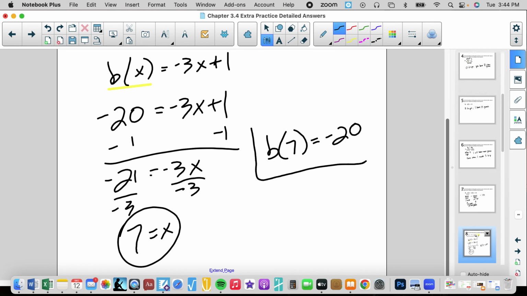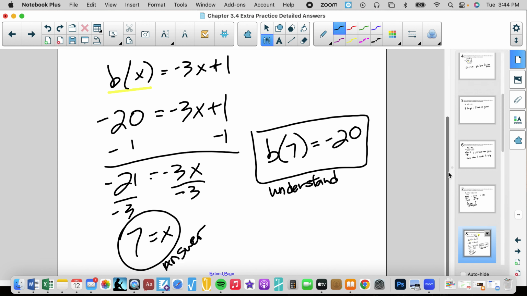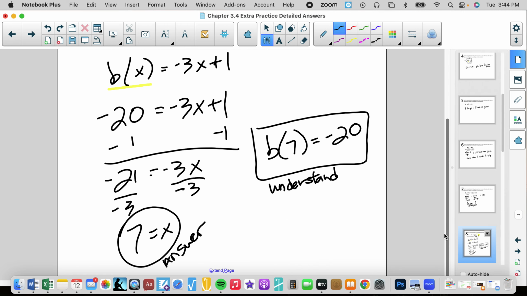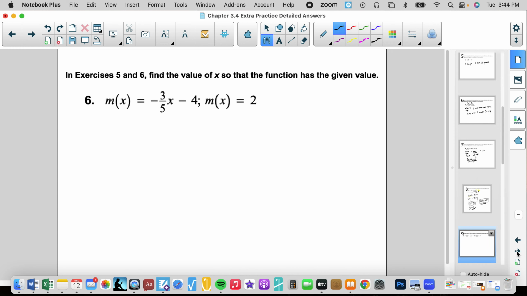That's not what they're asking. Just understand. This is an understand. This is the answer. So they want to know what x says, find the value of x. That's here, but understand that that also is true. That's a statement that we can derive.